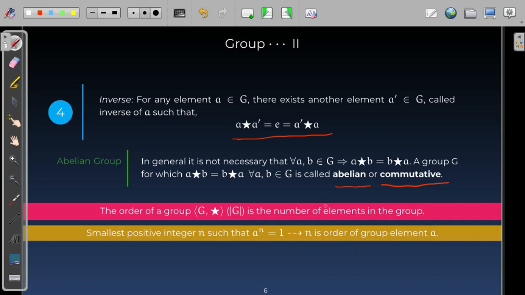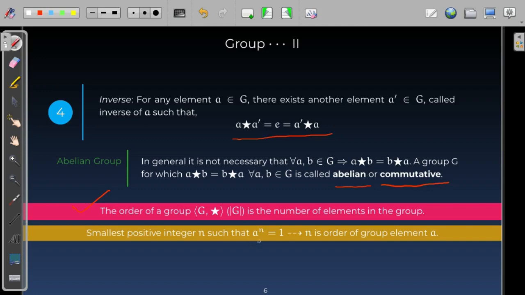Now, one more definition with respect to a group is the order of the group. The order of a group is basically the number of elements in the underlying set. And this order of the group is different from the order of an element.